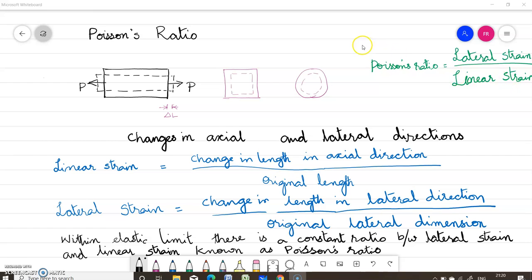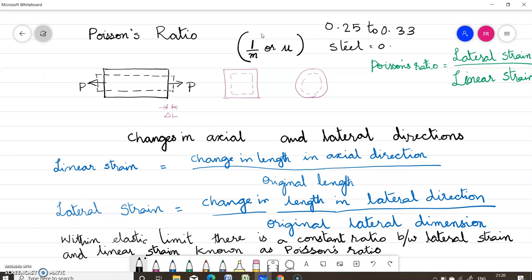Now how do we denote this? Poisson's ratio is usually denoted by 1/m or mu. For most metals, its value is between 0.25 and 0.33, and for steel it is 0.3.